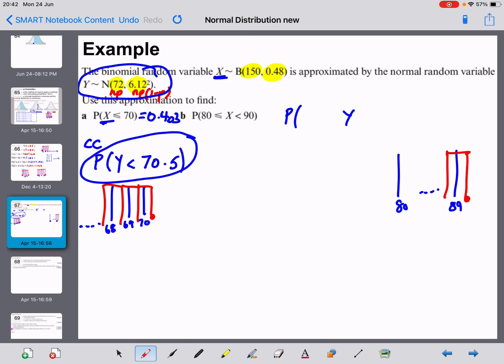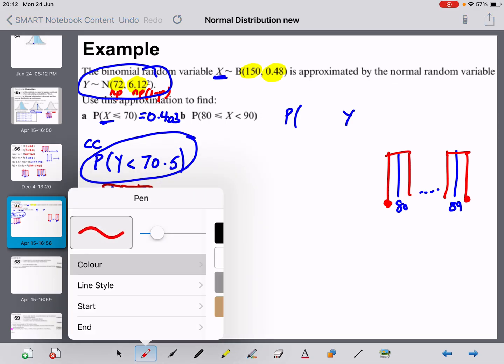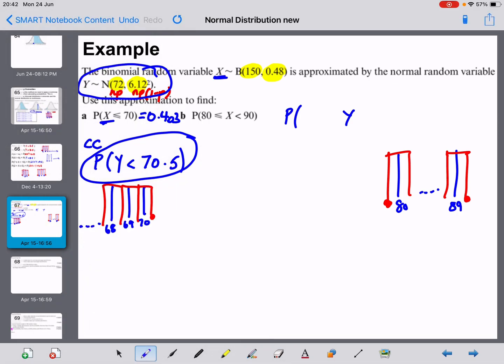So the cut-off point is going to be there and down to there. So we want, actually, the continuity correction between 79.5 and 89.5. So that's your continuity correction.